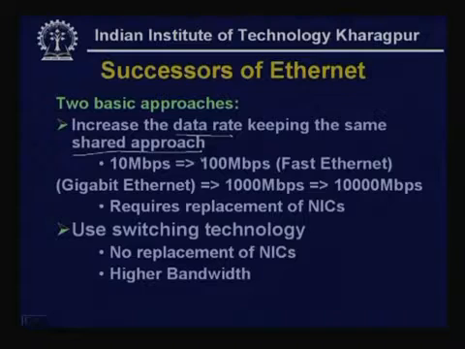Now, using this shared approach, speed can be increased from say 10 megabits per second to 100 megabits per second, fast Ethernet, from fast Ethernet to gigabit Ethernet 1000 megabits per second, and nowadays 10 gigabits per second network is also available.